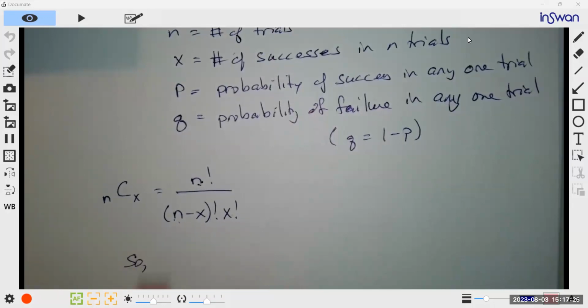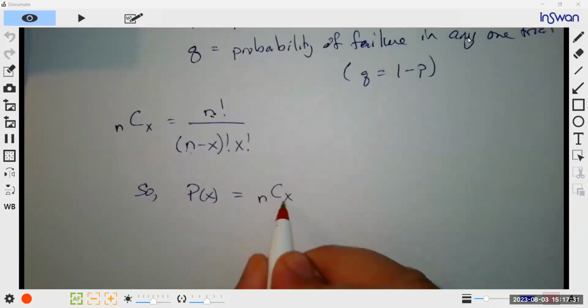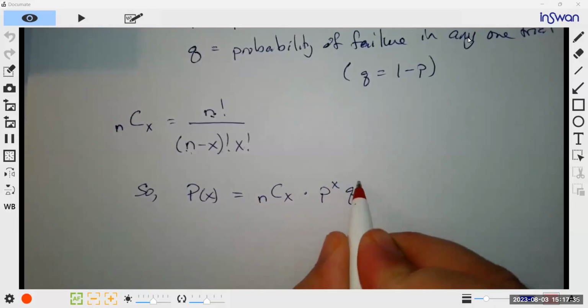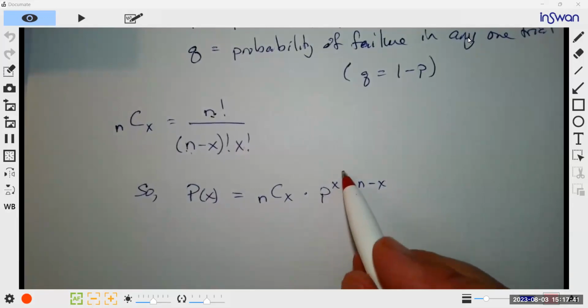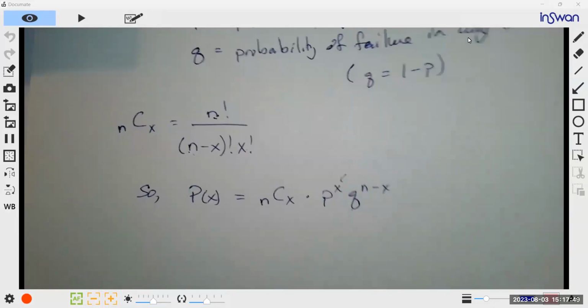So the probability of x is actually nCx times p to the x, q to the n minus x. Remember, success, how many successes do we have? N minus x, that's how many failures you have. All right, let's look at an example for this one.